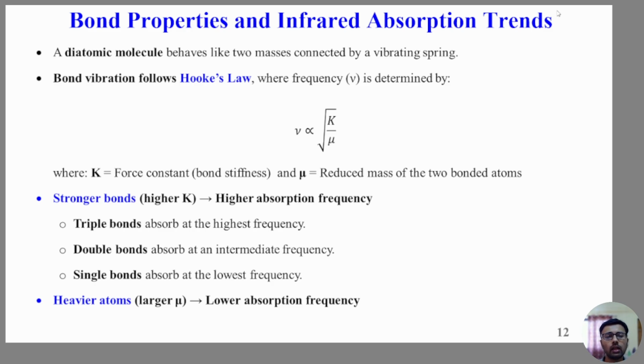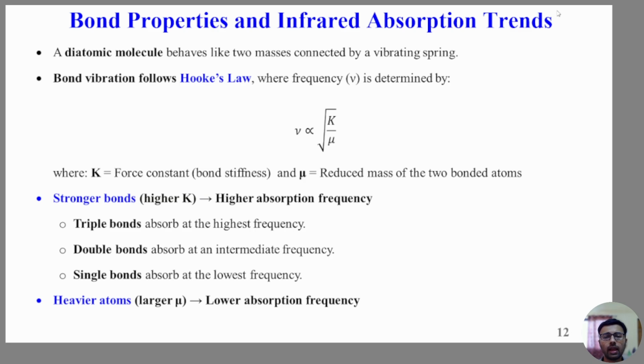In this model, the two atoms behave like masses and the chemical bond behaves like a spring connecting them. When the atoms vibrate, the spring stretches and compresses. This is essentially a harmonic oscillator, a concept we know well from classical mechanics.